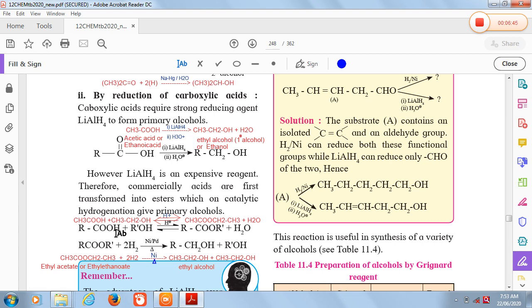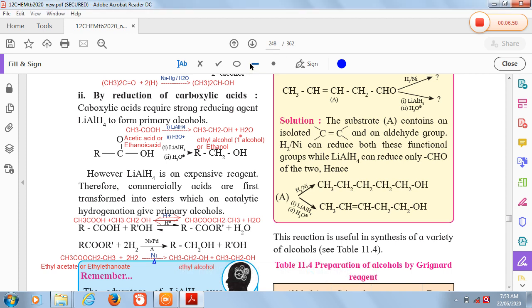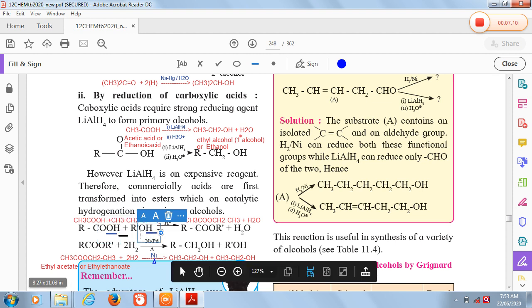In the general representation, R is attached to carbonyl carbon with oxygen and OR' from the alcohol. So how is water removed? The OH from the acid and the H from the alcohol are removed.